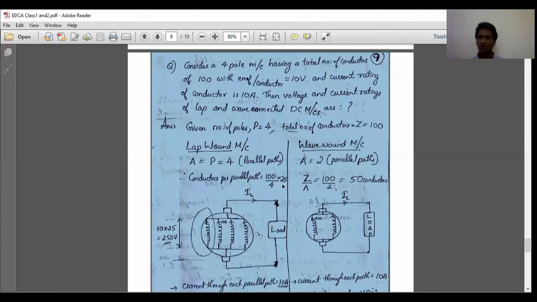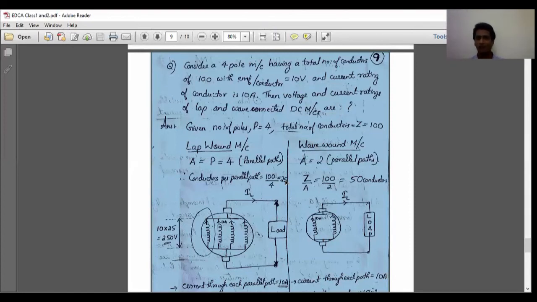As I said before, in a single parallel path, if there are 25 conductors, how are they arranged? They are arranged in series. In a series connection, the current flowing throughout the connection will be the same.